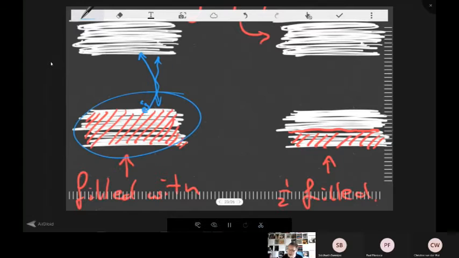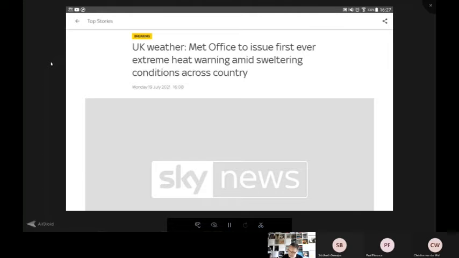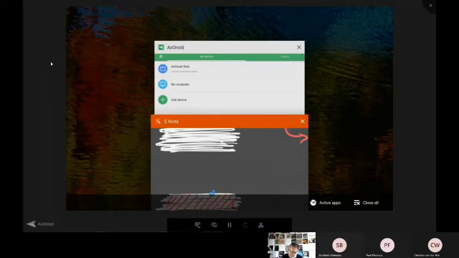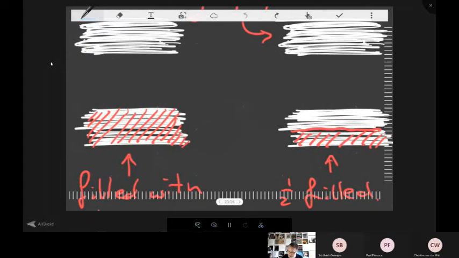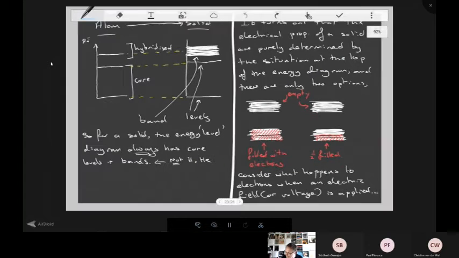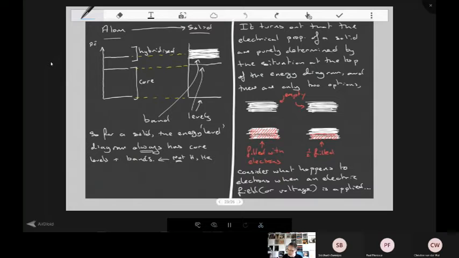That's why the phrase that is used sometimes is that filled bands cannot carry a current, or filled bands cannot take part in conduction.